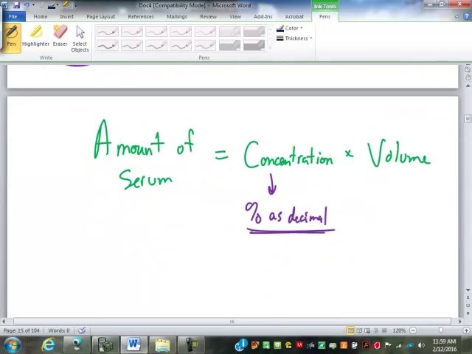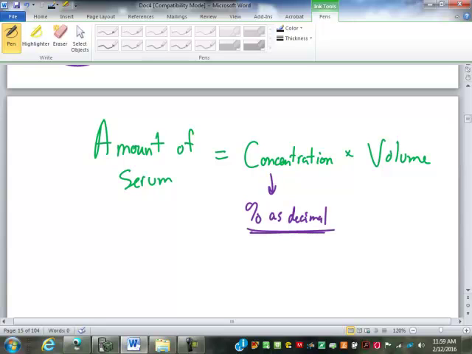Now we're going to ignore a couple of traits about solutions here in many cases. And when it does come up, when it is significant, we'll mention it and we'll work around it with the math. When you add a substance into a solution, it doesn't necessarily conserve volume.